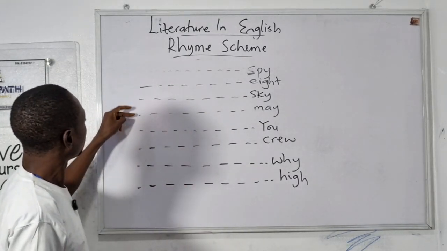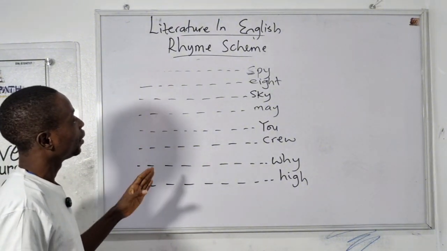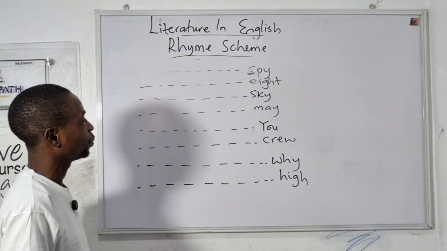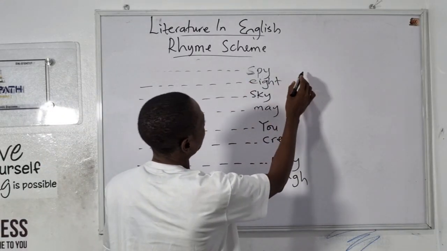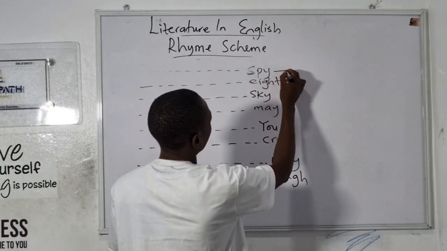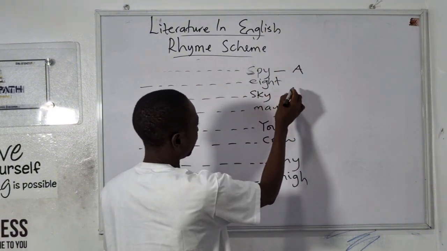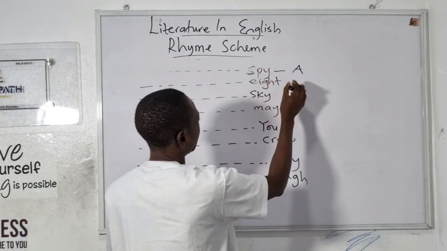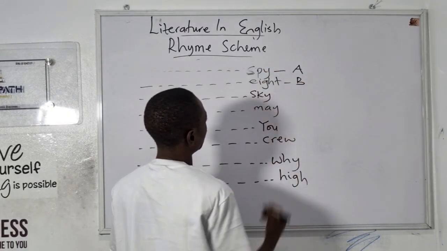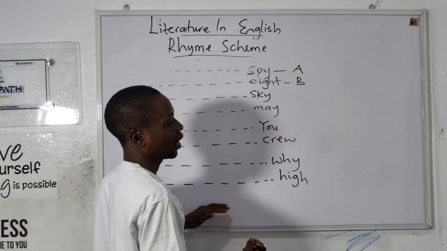The poem has 8 lines. Let's determine the rhyme scheme of this poem. The first one is I, spy. You name it A. The second line ends in A sound, which is a different sound from the I. You name it B. Then the third line has I again.